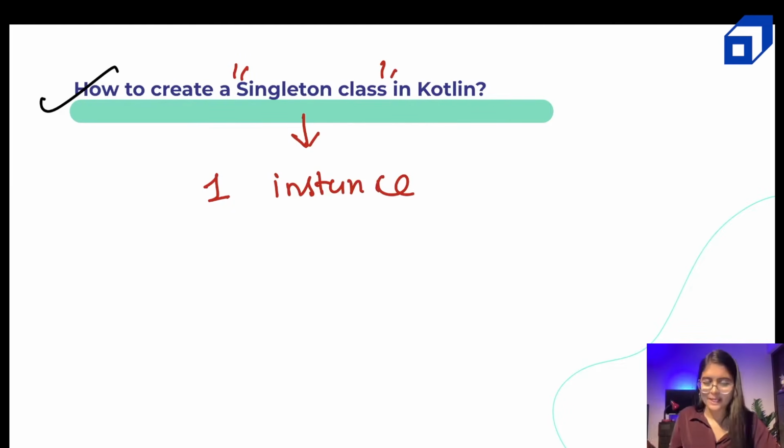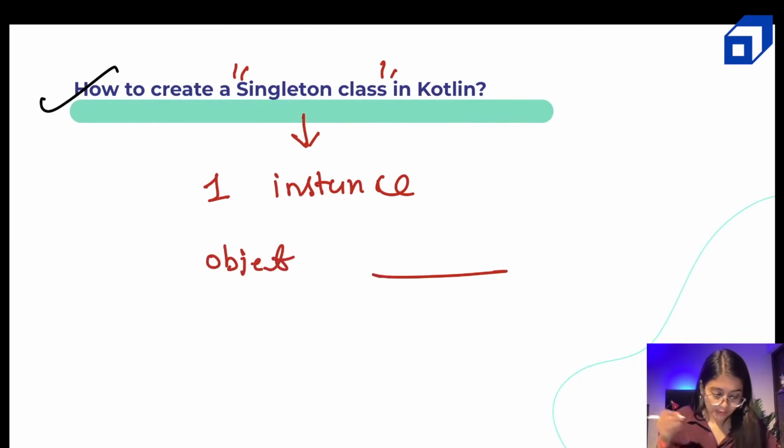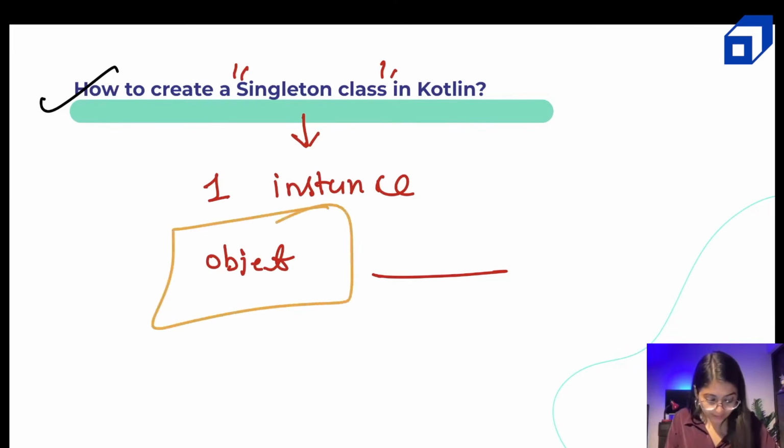The name is self-explanatory, singleton, right? So only one instance can be created for singleton classes. And to create a singleton class, you need to use the object keyword. So object and the name of the class. However you go about creating the class, you can do that, but the most important thing here is you have to use the object keyword.